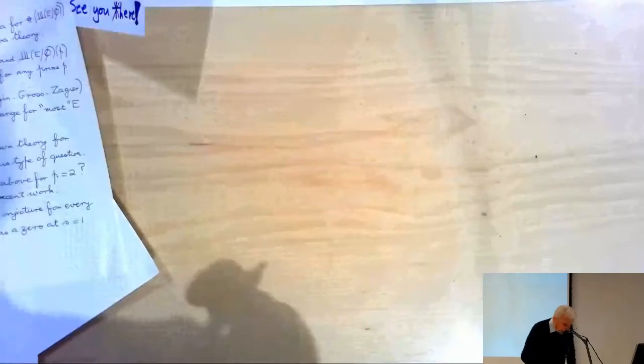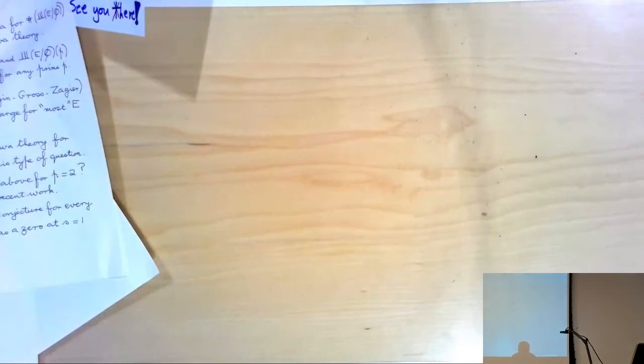Now, because time is running out, let me just say what should also be possible with what we know at present in Iwasawa theory, but it's still quite a long way off. If you have any elliptic curve over Q where we know that the complex L-series has a zero of order at most 1, then the one thing that's lacking to prove Birch and Swinnerton-Dyer is to prove the exact formula for the order of the Tate-Shafarevich group.